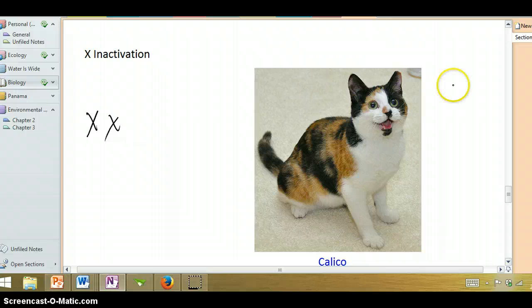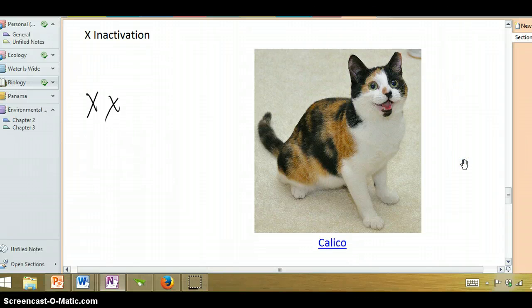We see this dramatically in female cats that are calicos. They have a gene that's responsible for making their coat color white, but then there's a second gene that can give them brown or golden yellowish spots. And so we'll just designate these G and B.